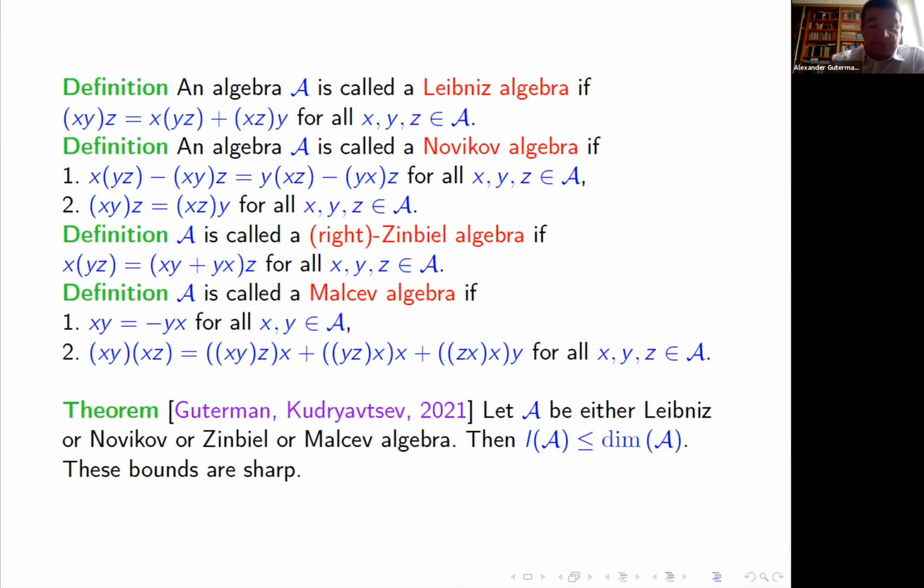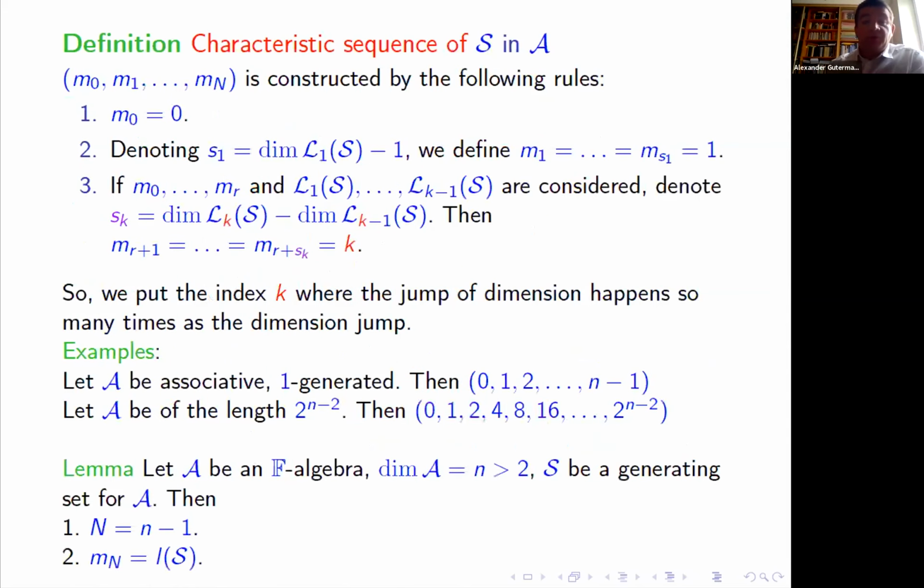Well, this was described in a talk before, so I will not go into the details, but I would like to mention that an important tool to study length in the non-associative case is the following characteristic sequence.